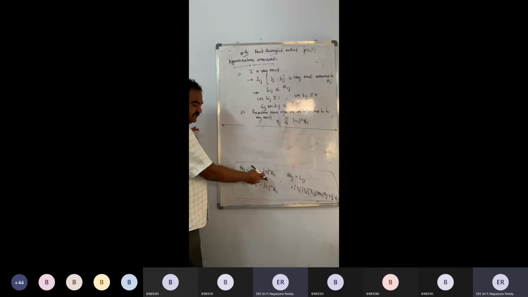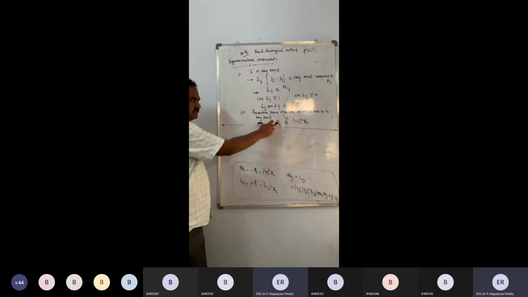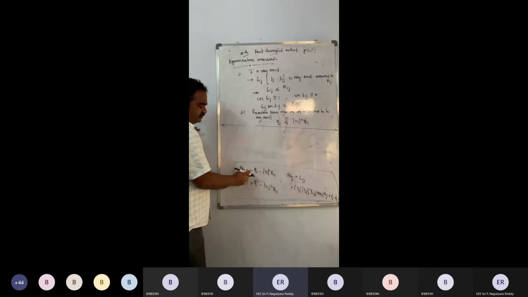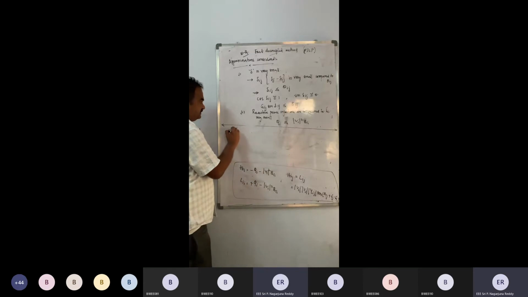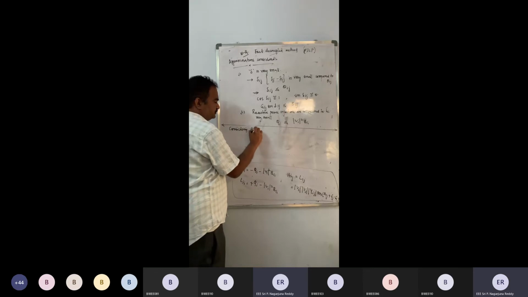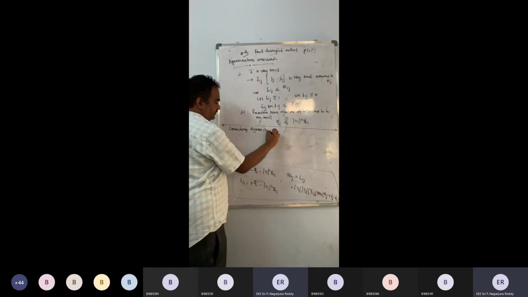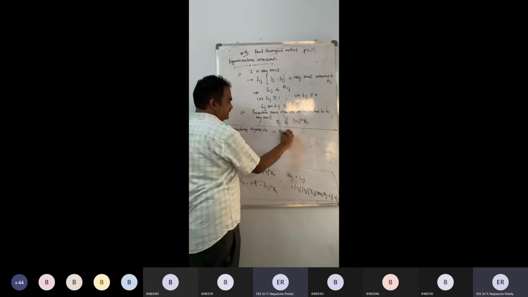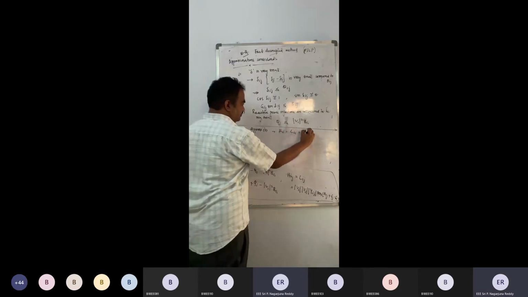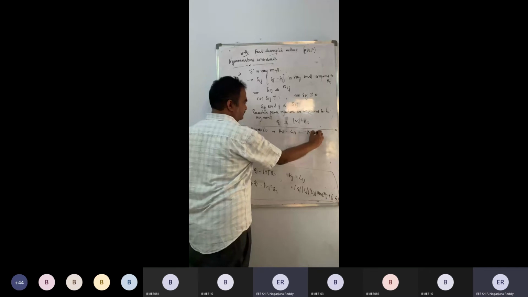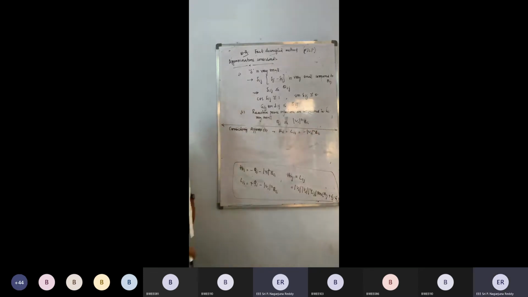Qi becomes neglected because Qi is considered very small compared to the other term. So considering approximation 2, what will you be getting? Hii is equal to Lii, that is equal to mod Vi square Vi.